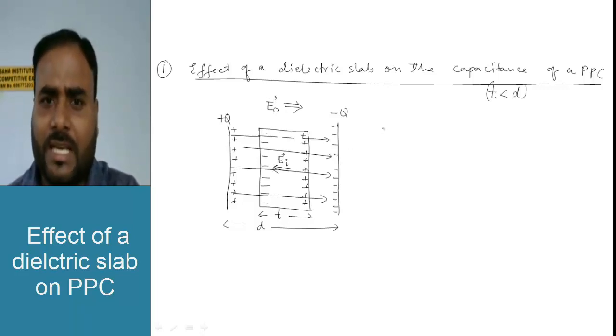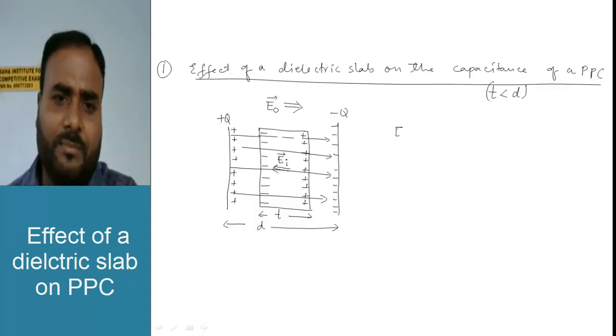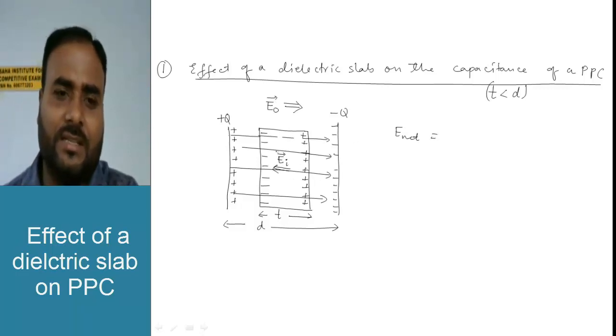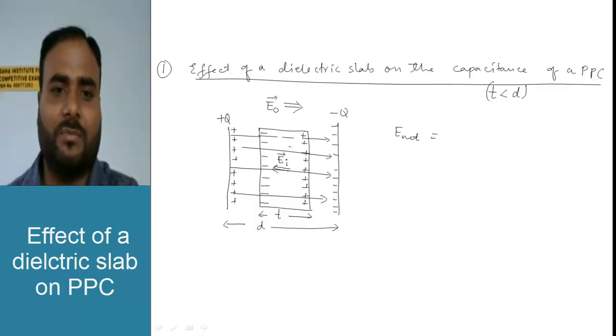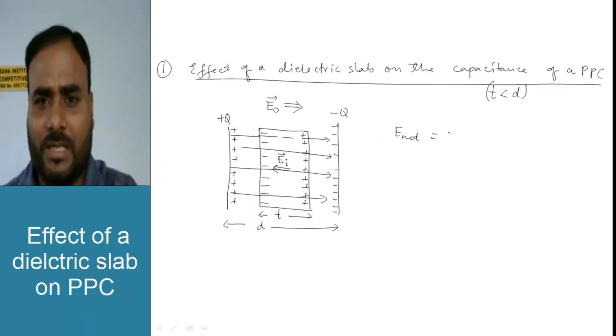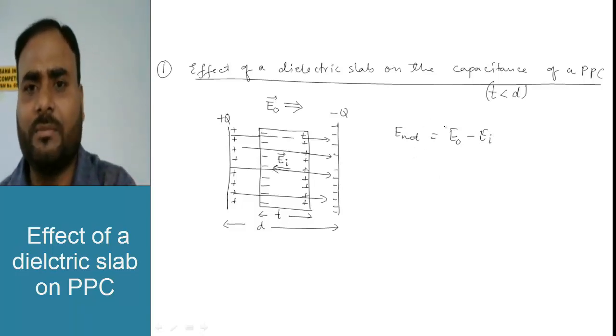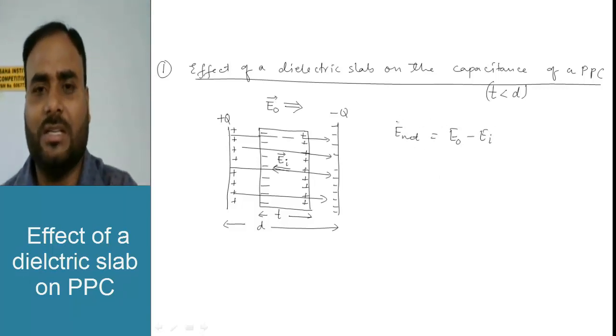So can we say now that because of this field EI being induced within the capacitor, the net field inside the dielectric slab is definitely E naught minus EI, since they are in opposite directions. I haven't written vectors here because it's not required.